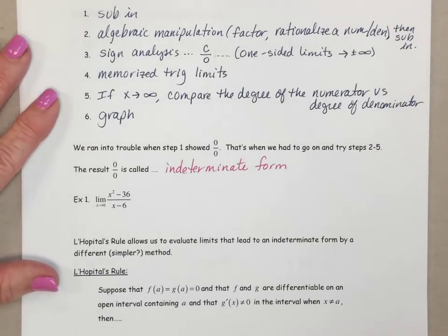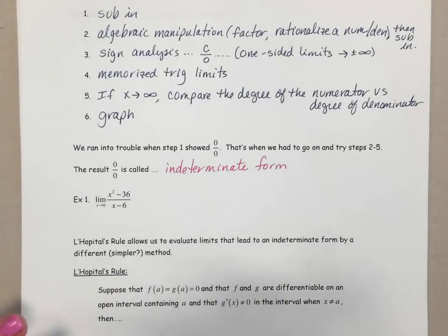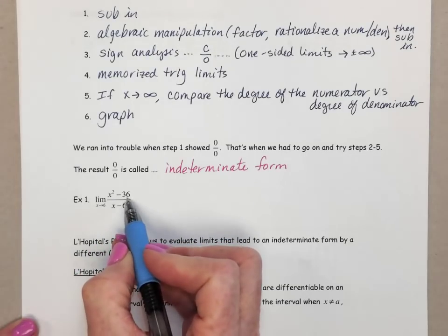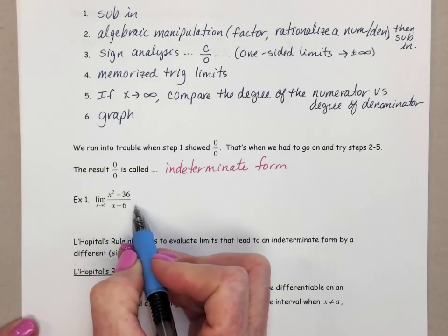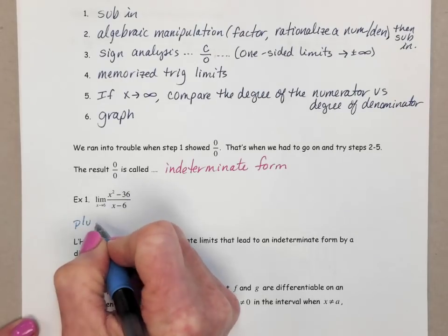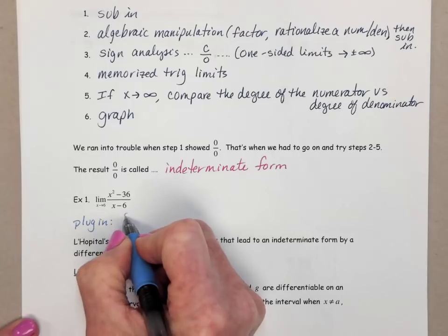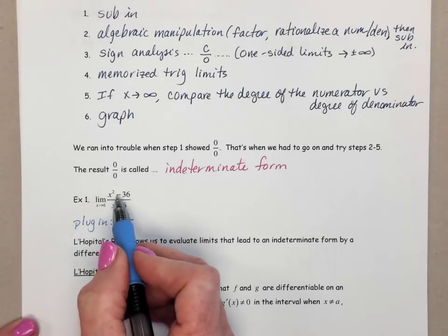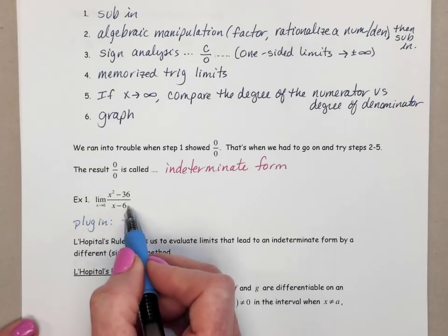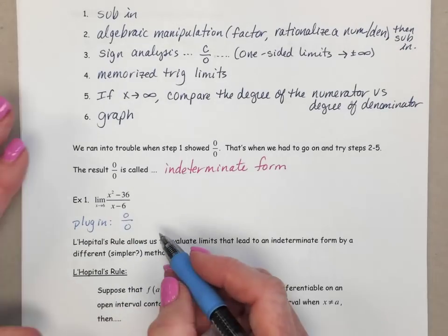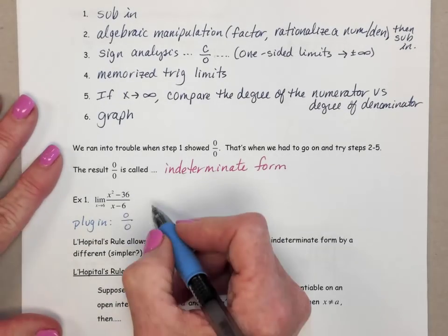For example, when we had this indeterminate form, something like the limit as x approaches 6 of x squared minus 36 all over x minus 6, when you plugged in the 6, we get 0 over 0. 6 squared, 36 minus 36 over 6 minus 6, or 0 over 0. So then we had to try some of our other steps.